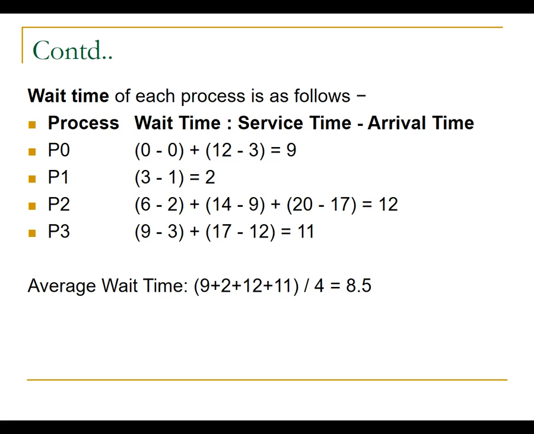Then the next process is P0, whose waiting time is 9, obviously higher than 2 and lower than all others. So the first process is P1, second is P0, third is P3, whose waiting time is 11, and finally the last process as per our static data is P2, whose waiting time is 12.